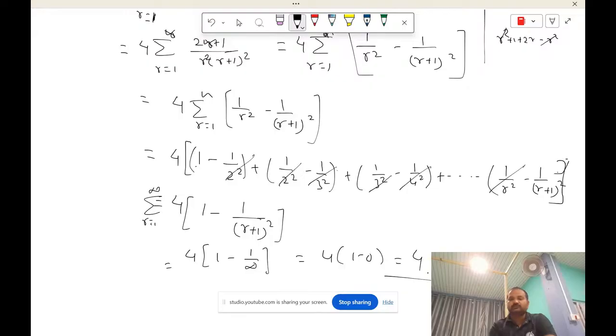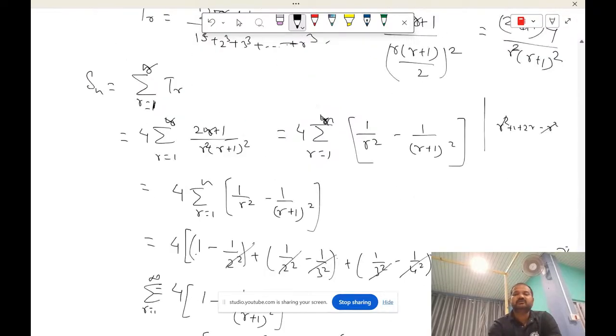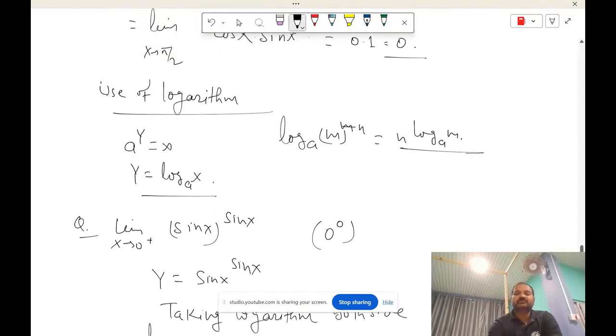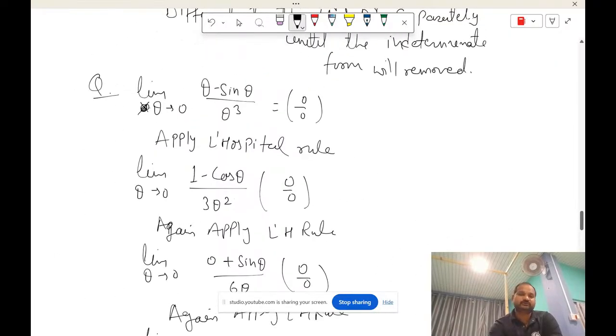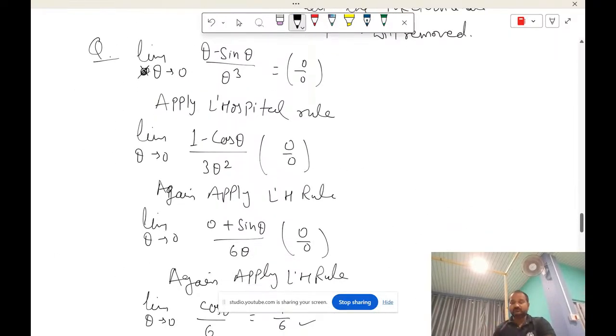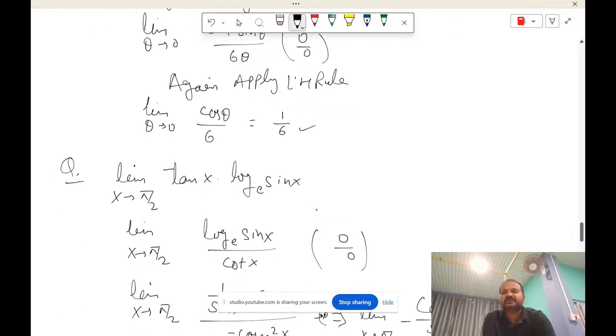In today's class we have studied a very useful topic, the L'Hospital rule. Generally, any of the limit problems can be solved by L'Hospital rule. In that case, we differentiate the numerator and denominator separately.